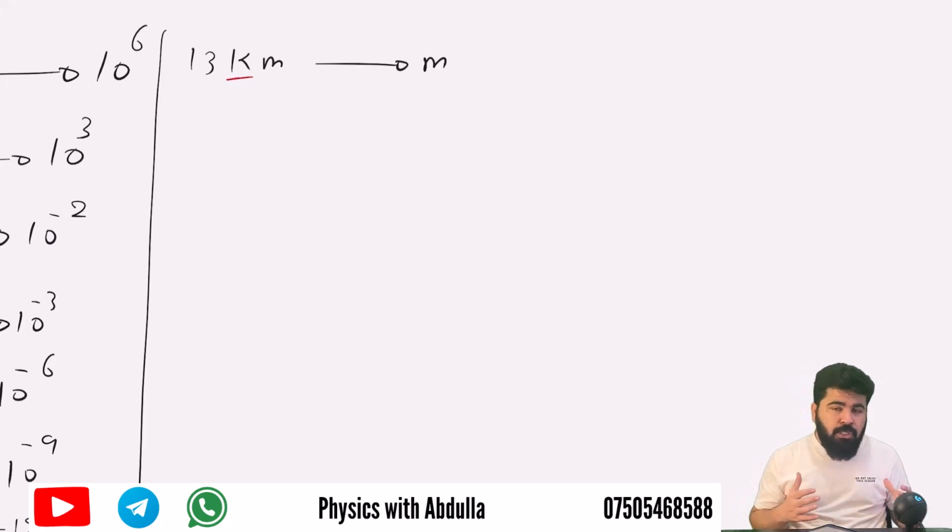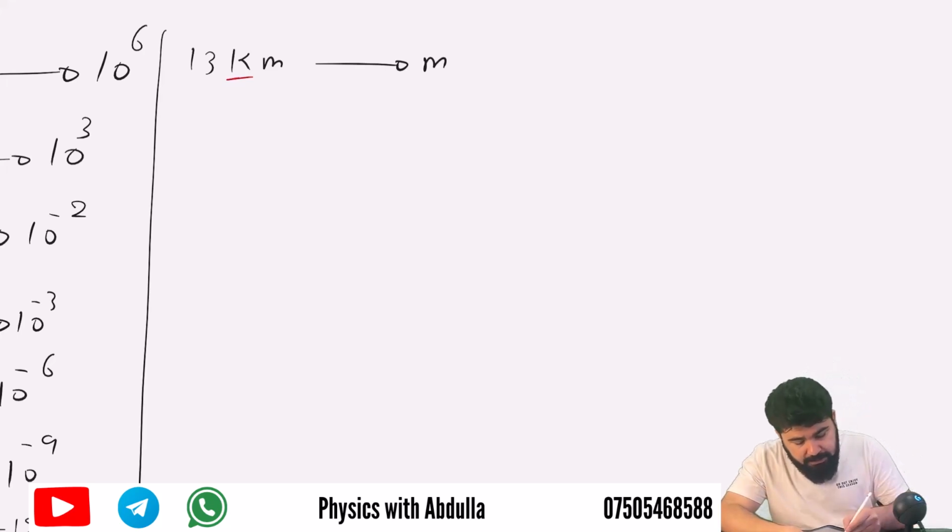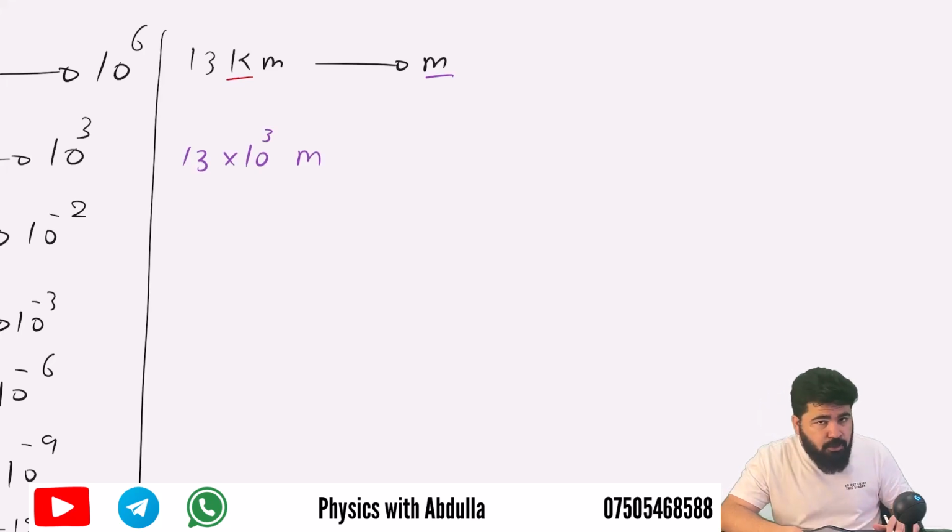You already know kilo is equal to 10 to the power of 3. Now, whenever you have a prefix, remove that prefix and put powers of 10 instead of it. So remove that kilo. We have 13 times 10 to the power of 3. What's the final unit? Meters. That is how you change from kilometer to meter.